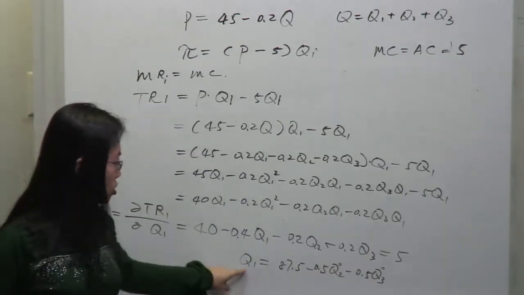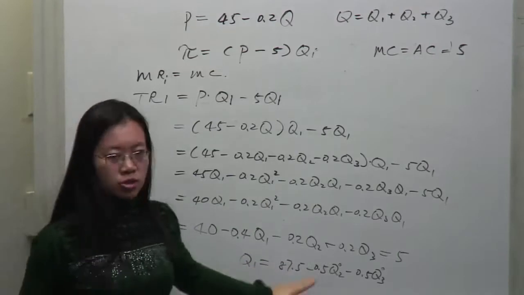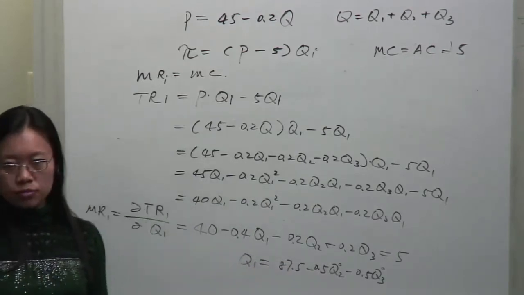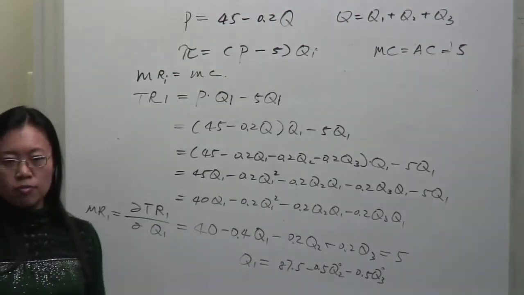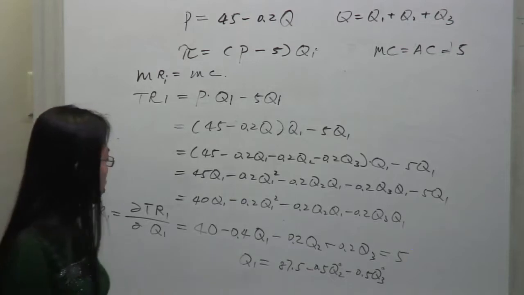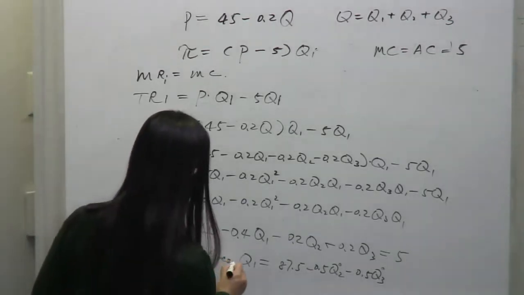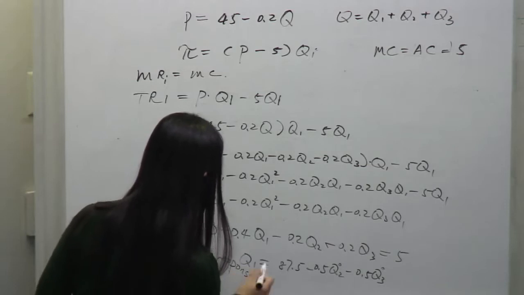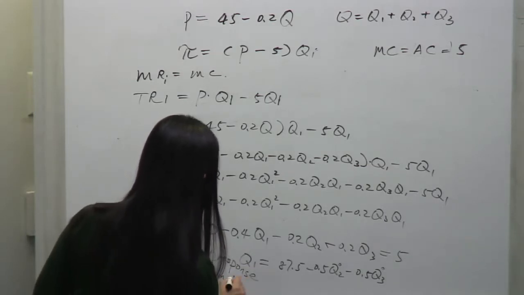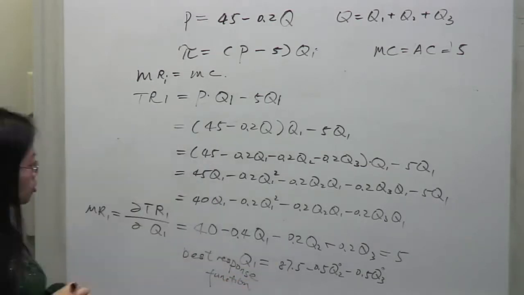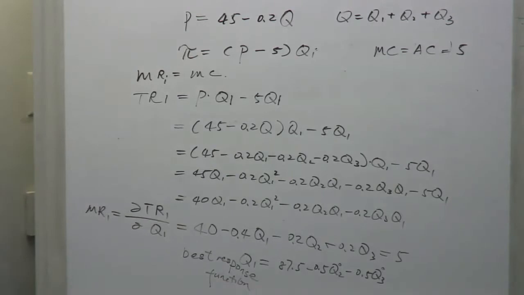They determine the output based on this formulation. You remember that? This is the best response function for Firm 1.